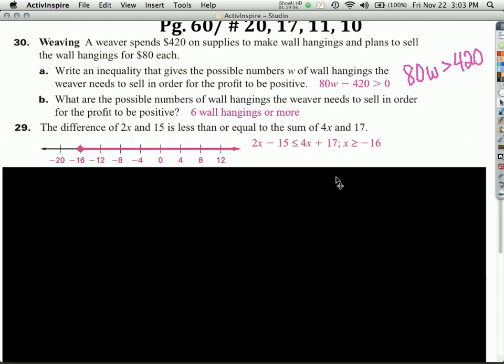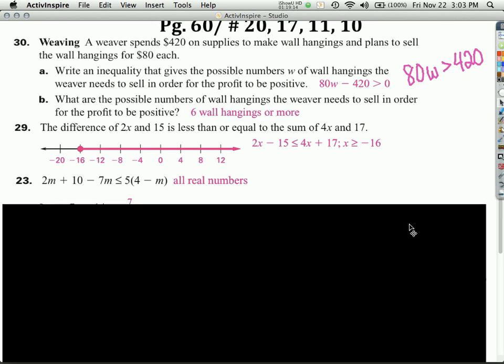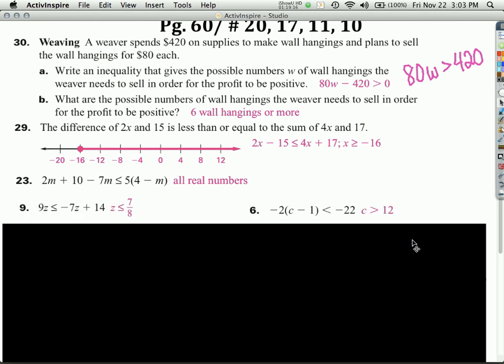Number 29, you had to write it out, solve it, and graph it. Number 23 was a special case that we did not talk about in class and is definitely not easy, but that is a case of all real numbers. Number 9 comes out to Z is less than or equal to 7/8, and number 6 comes out to C is greater than 12.